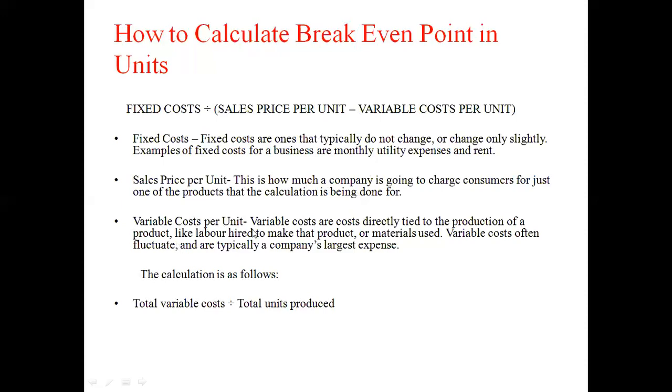Whereas variable cost per unit means variable costs are costs directly tied to the production of the product, like labor hired to make that product or materials used. Variable costs often fluctuate and are typically a company's largest expense. The variable cost formula can be given as total variable cost divided by total units produced.